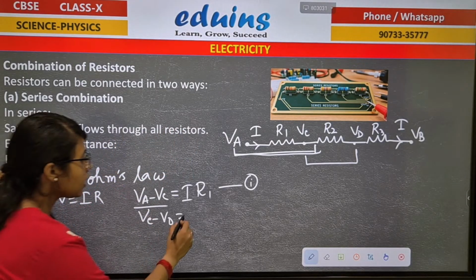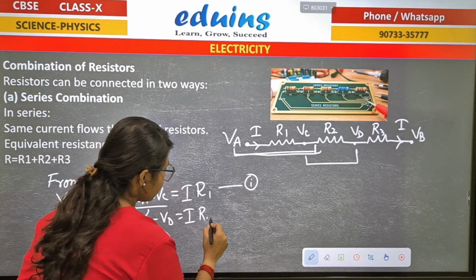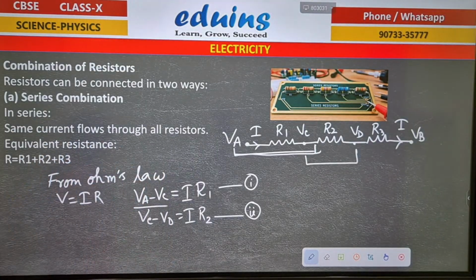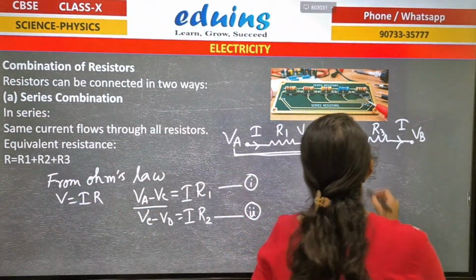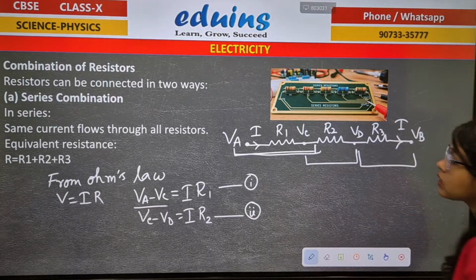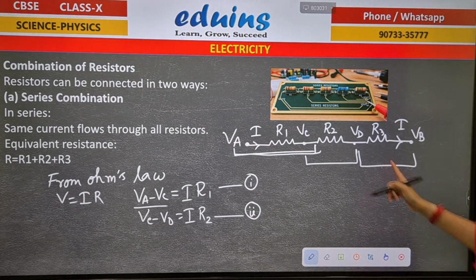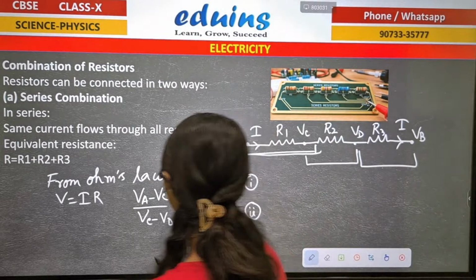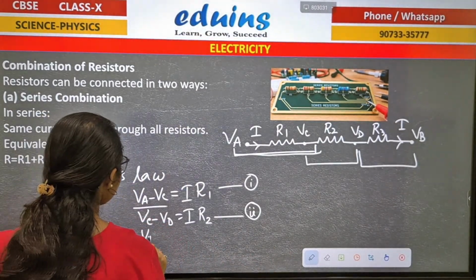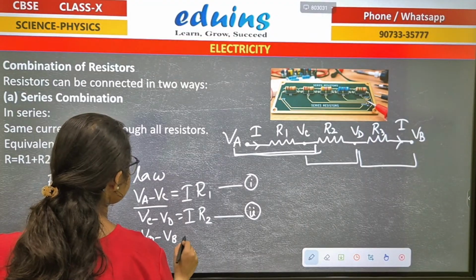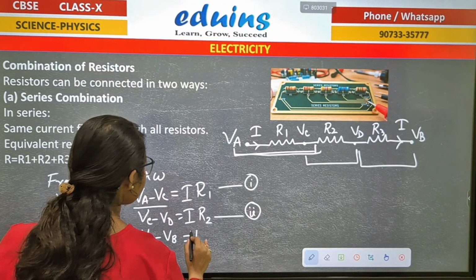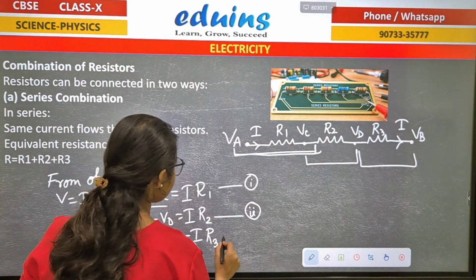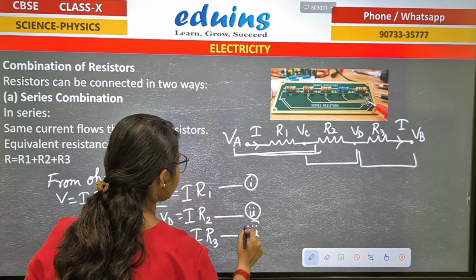This is equation number 2. Now for equation number 3, from VD to VB the current is flowing. So the potential difference VD minus VB is equal to the current I times the resistance R3. So this is equation 3.